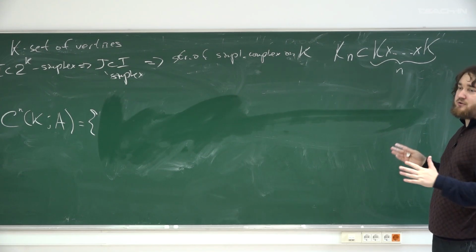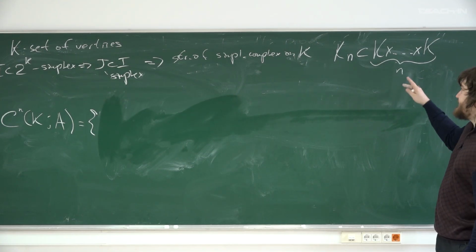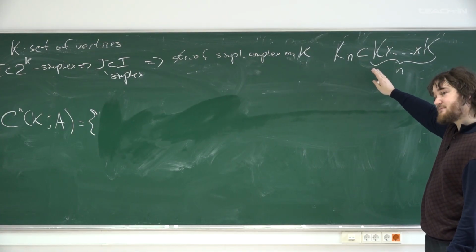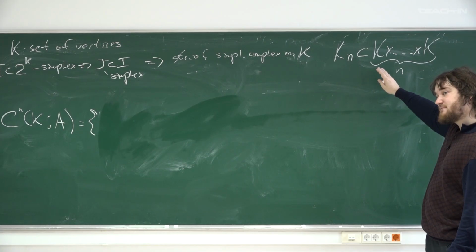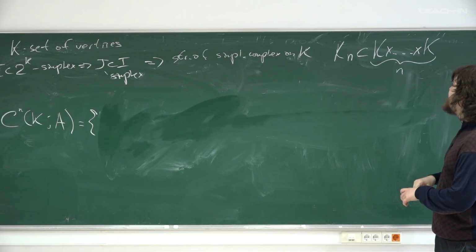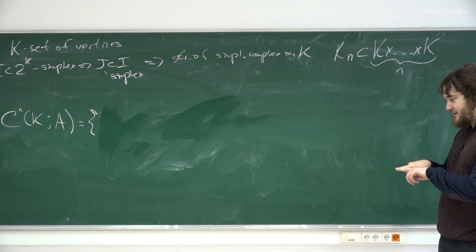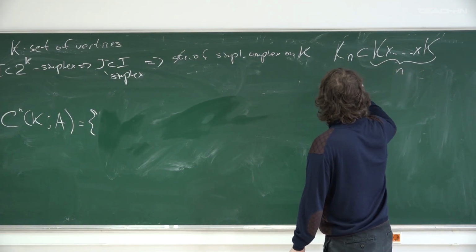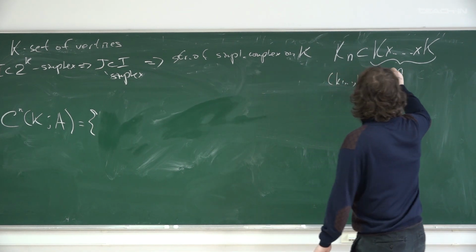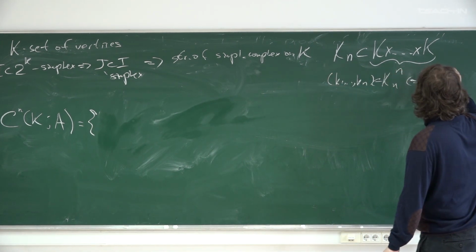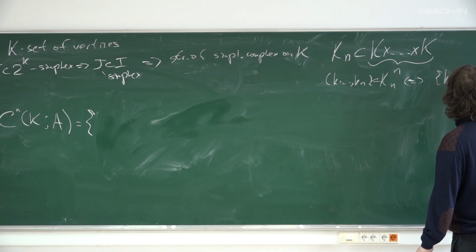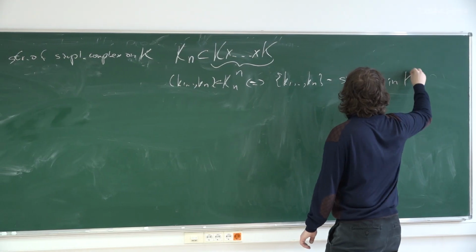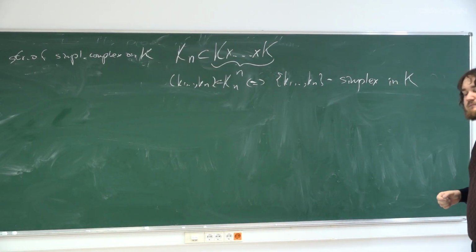Not every tuple is a simplex, it's exactly a simplex. So K_n is the set of such tuples: (k_1, ..., k_n) lies in K_n if and only if this is a simplex in K.